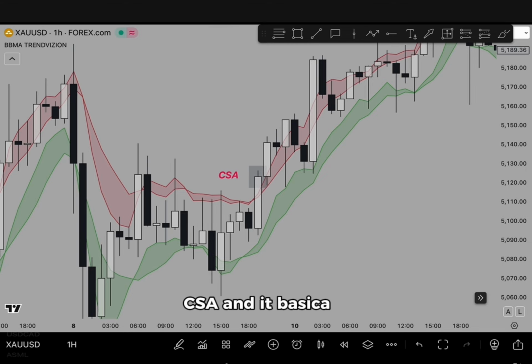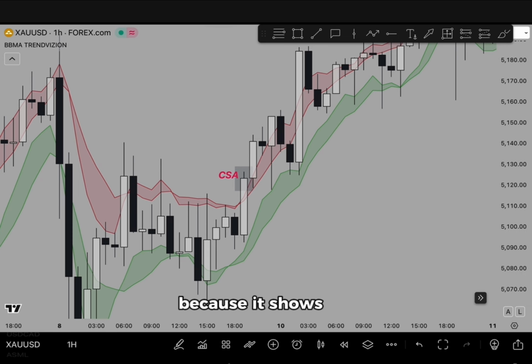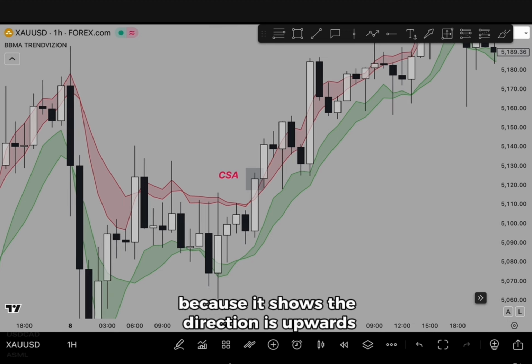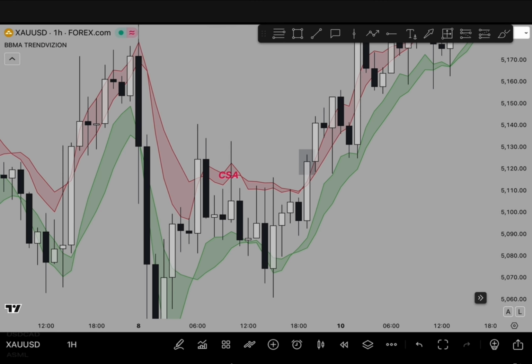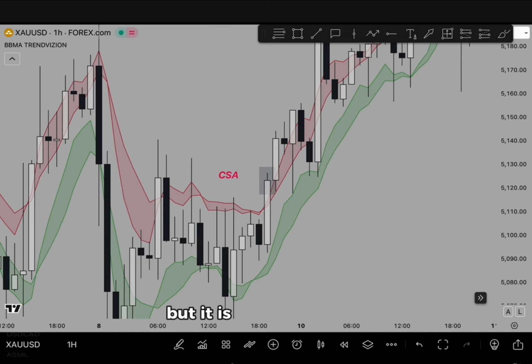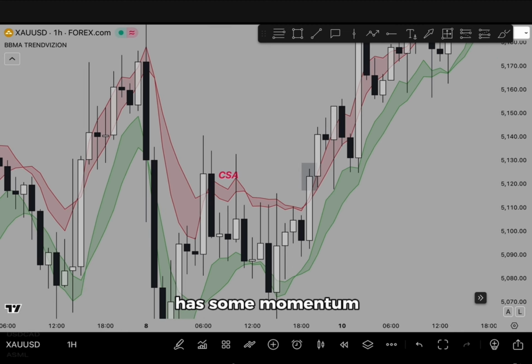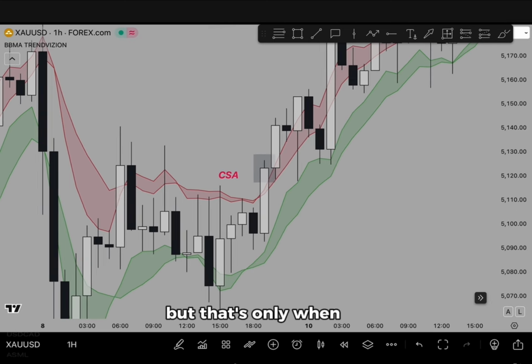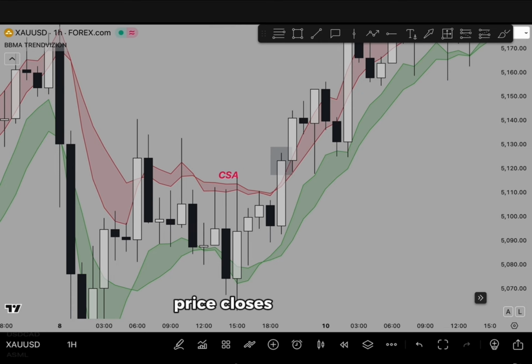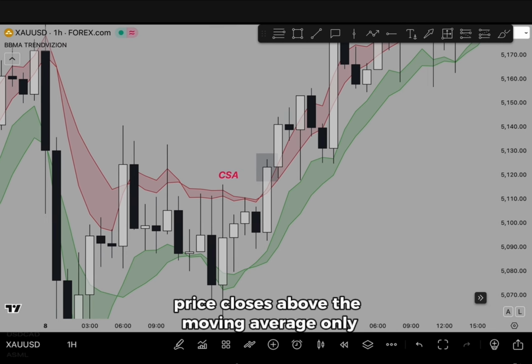CSA basically means a directional candle, because it shows the direction is upwards. So it's not one of the strongest signals, but it is a sign that the price has some momentum upwards. But that's only when the price closes above the moving average only.